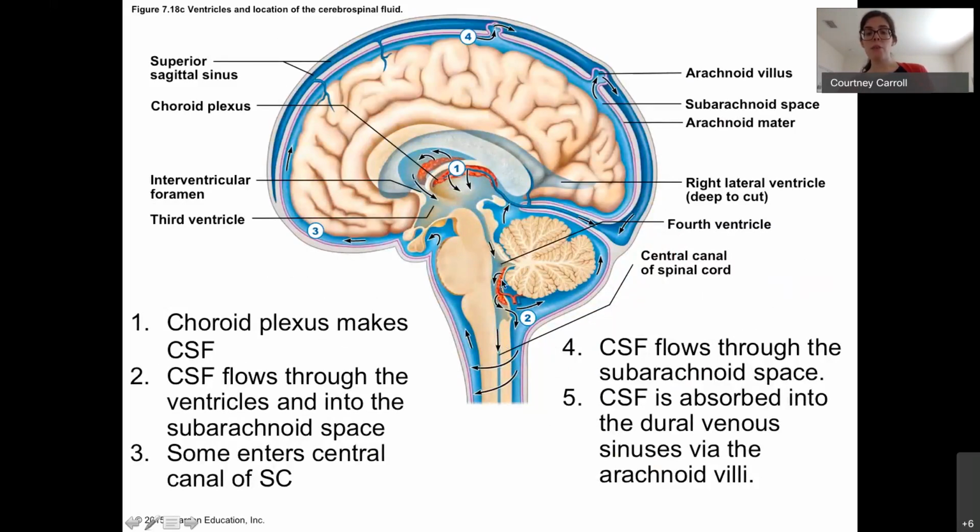The rest of it will flow through the subarachnoid space and then be absorbed into the dural venous sinuses via the villi of that arachnoid layer. So there are little protrusions into the meninges where we can absorb some CSF and it will go back into circulation into the rest of the body, but the rest of it will continue to bathe the brain.